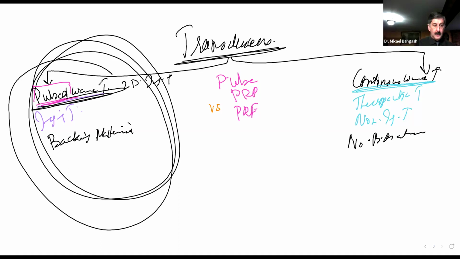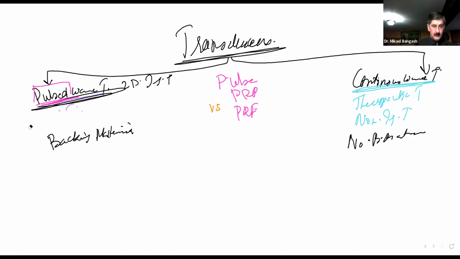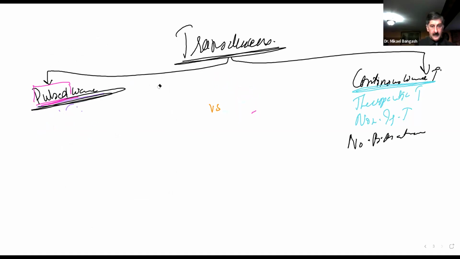Now, guys, how will we classify them? So we could say pulsed wave transducers. The way that we may classify them here is based on the number of focal points.